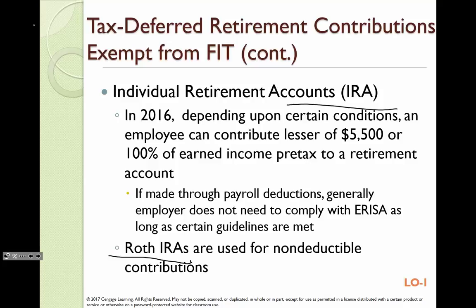And you have to start taking out from them, they're called minimum distributions, by the time you're 70 and a half, because the IRS doesn't want you to die with these things. This is probably beyond our scope, but your heirs get a stepped up basis, and the IRS loses income tax on appreciation. They don't like that. So you've got to start taking money out of it by the time you're 70 and a half.